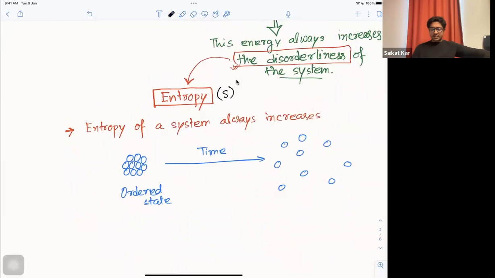Now, what we can understand is that for any system, the entropy or the disorderness will always increase, and this is spontaneous.